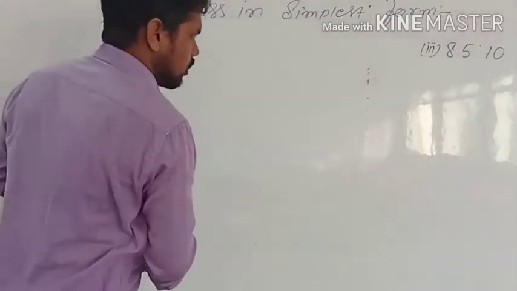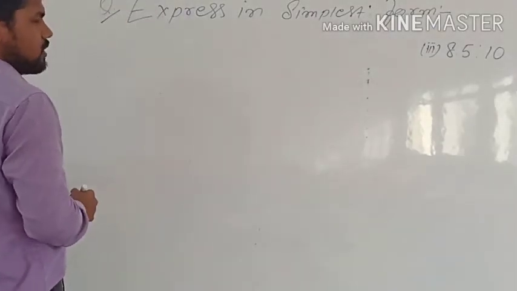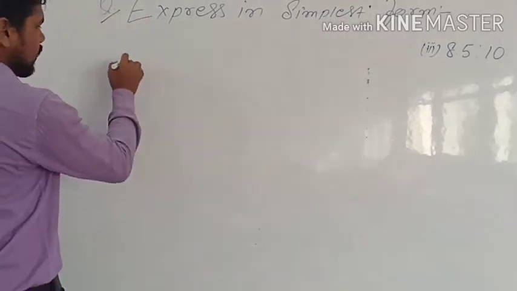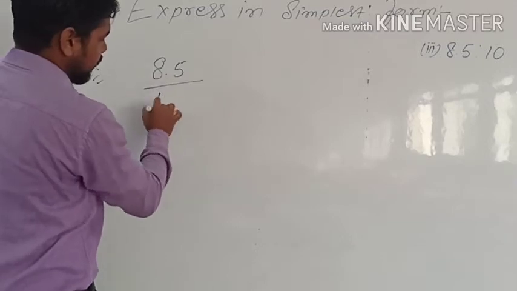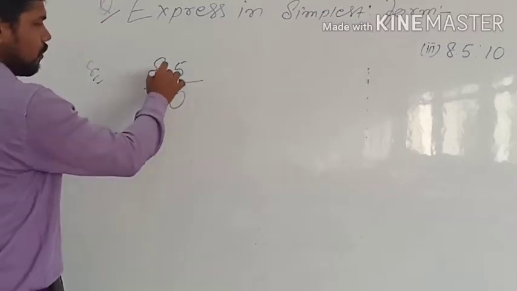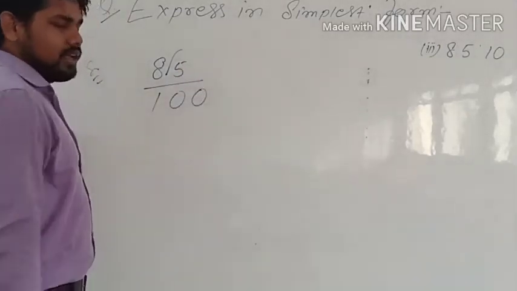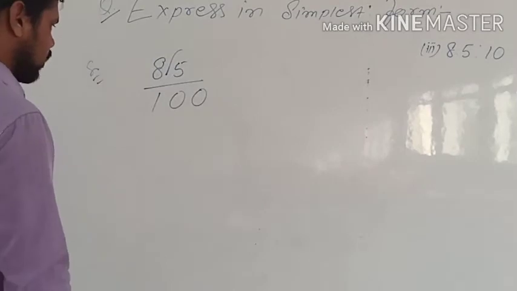So the third question which we have is 8.5 ratio 10. Okay, so we can write this as 8.5 divided by 10, right? If you remove the decimal, one more zero will come here. So this is 85 by 100. Now we will find the highest common factor of 85 and 100.